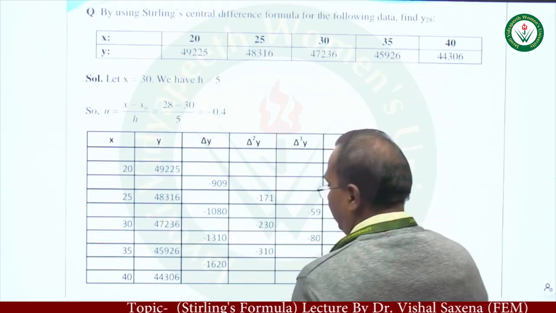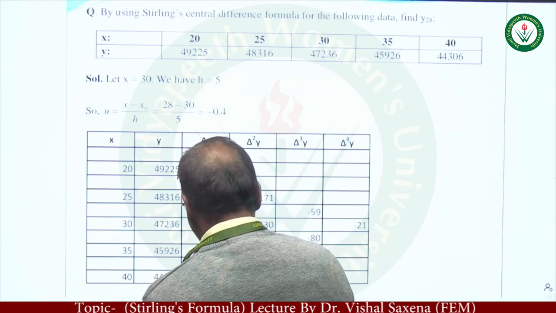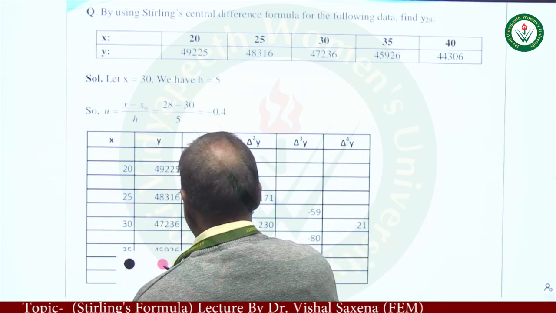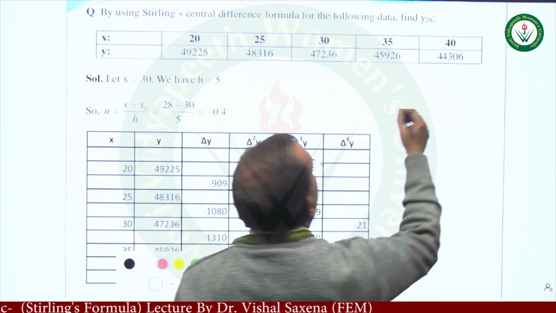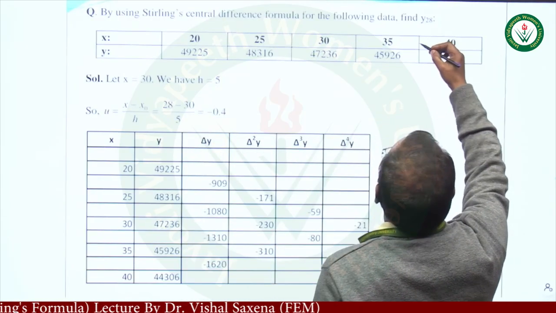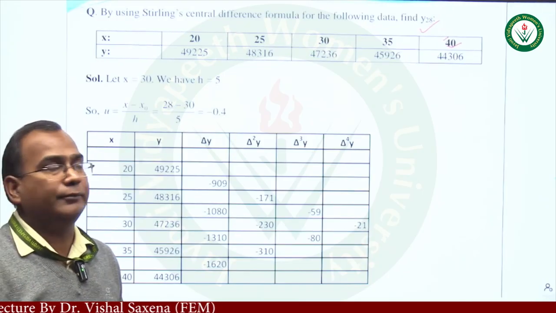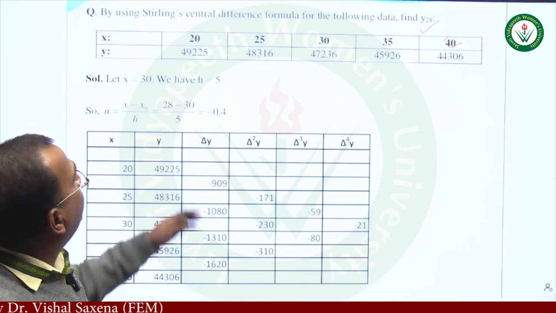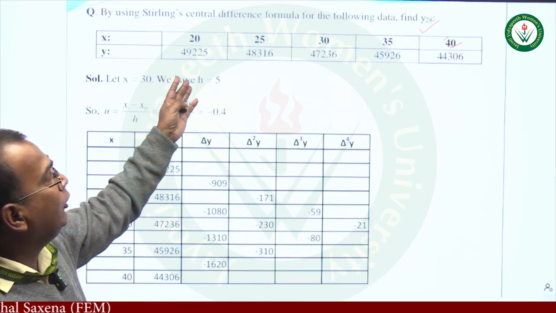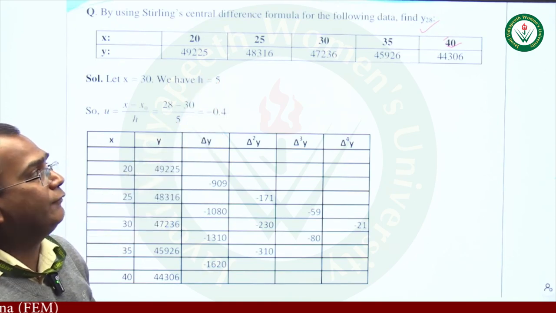We have to find the Y28 value in this table. This is the given table: 20, 25, 30, 35 and 40.